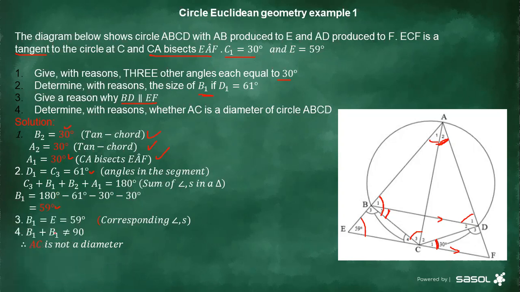So don't forget, learners, that this is supposed to be 2 here, not angle B1 again, because now we want to add these two angles, which is B1 and B2, to check whether it's going to be equal to 90 degrees. And we have noticed that they are not adding to 90 degrees.